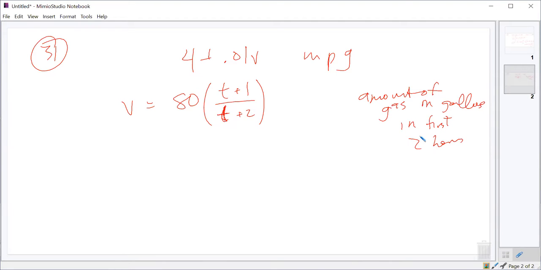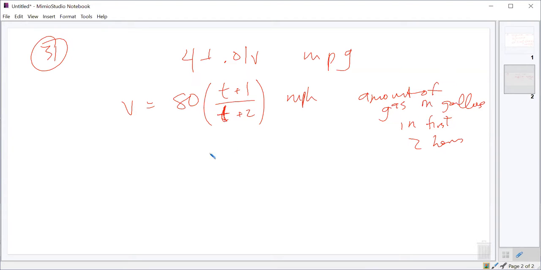All right, so let's see. Miles per gallon. Our velocity, I assume it's in miles per hour. Yeah, miles per hour. So what we need to do is figure out a function that represents the rate of change of the gallons of gas per hour.